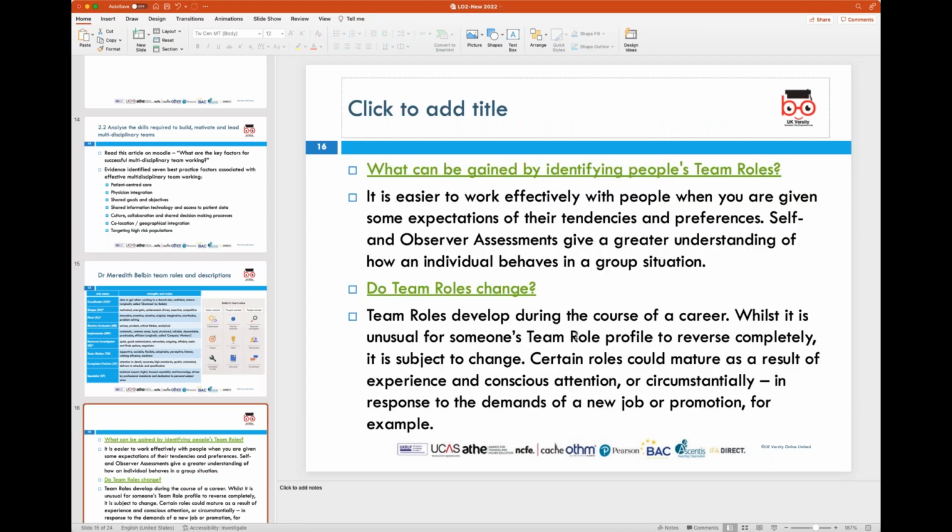Now, some of the questions which obviously got answered by this particular model that he's proposed, and is now widely and globally accepted. He answered questions like, what can be gained by identifying people's role within the team?